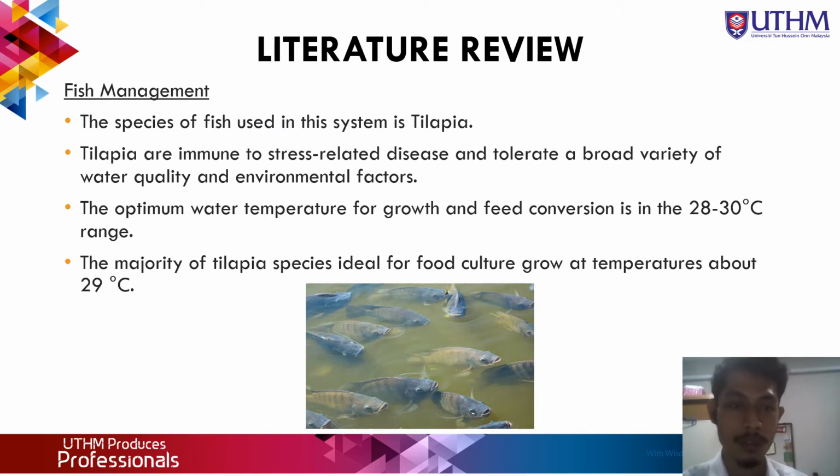And then we go through the fish management. For the fish management, the species of fish that we use in the system is tilapia, because tilapia are resistant to stress and can tolerate a broad variety of water quality and environmental factors. And the reason I chose tilapia is that it can grow at a temperature of 29 degrees Celsius, which is good because the optimal water temperature for growth is about 28 to 30 degrees Celsius.